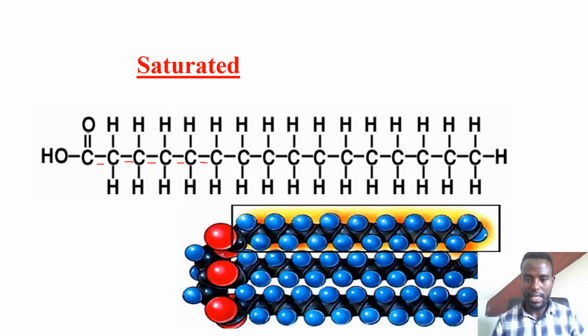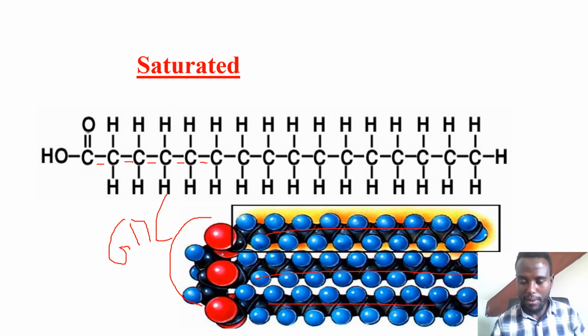In saturated fatty acids, this is glycerol and these are fatty acids, so three fatty acids and one glycerol form lipids. The structure is also straight and packs together well.